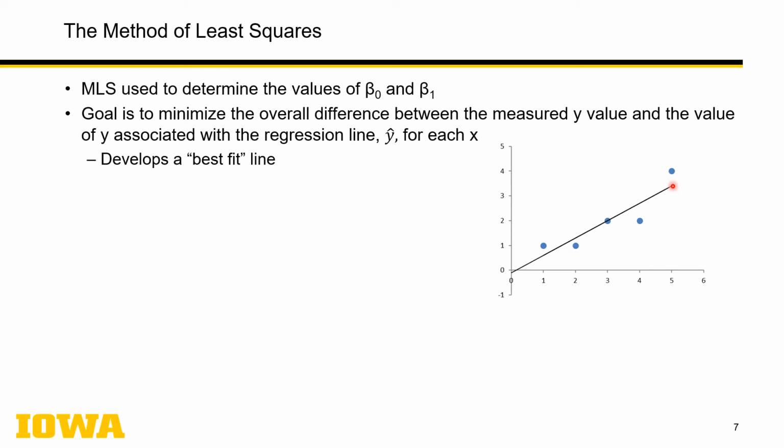You're actually pretty good at it optically, and you would probably try a variety of different lines, maybe one that goes through this point here, but then you would notice that the line would have a much bigger difference at this point at 4, so that wouldn't work as well. So the same thing is going on mathematically to determine the line that minimizes these differences.